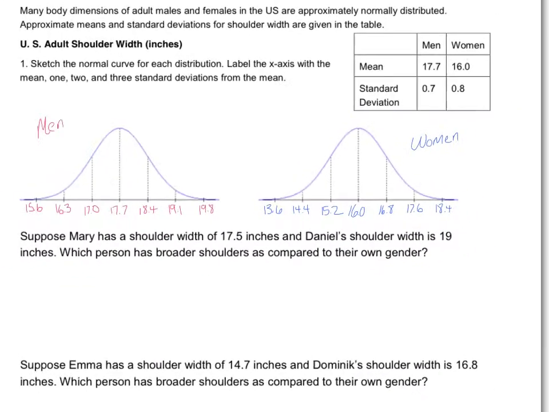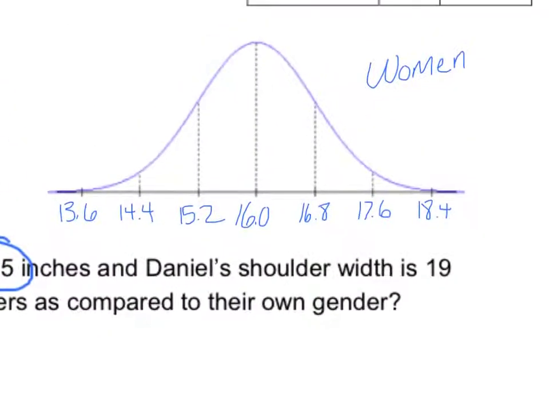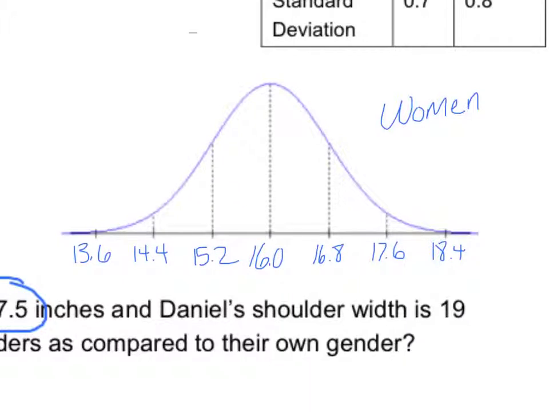So what we're looking at in this first example, suppose Mary has a shoulder width of 17.5 inches and Daniel has a shoulder width of 19 inches. Which person has broader shoulders as compared to their own gender? So what they want us to do is take Mary's shoulder width of 17.5 and compare it to her own gender. Looking closely at the bell curve, notice it's not one of these values.